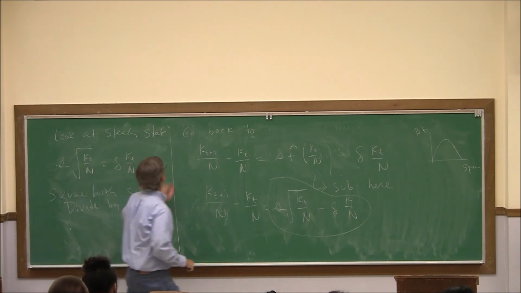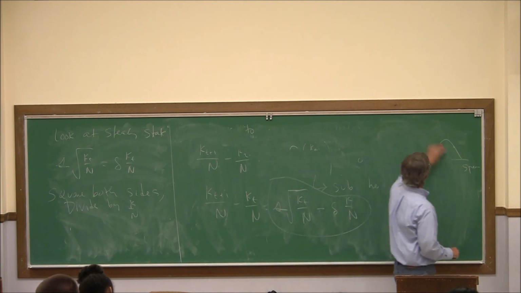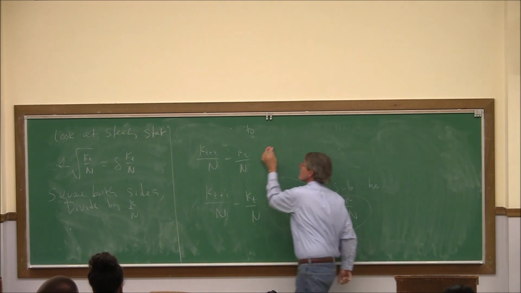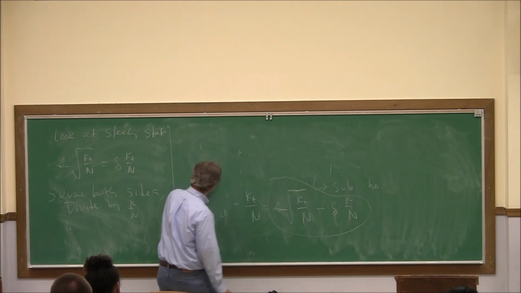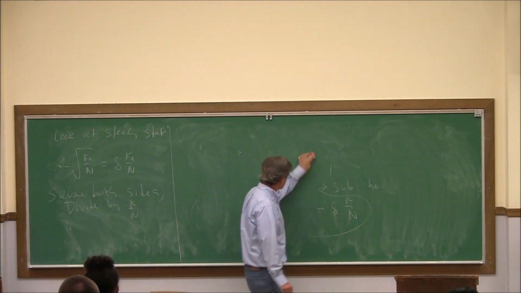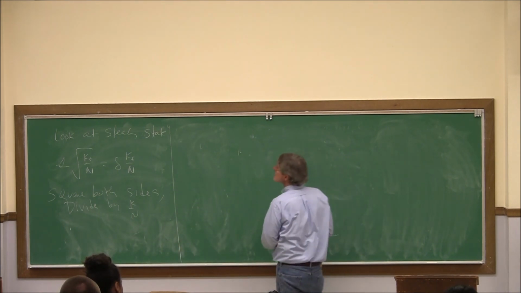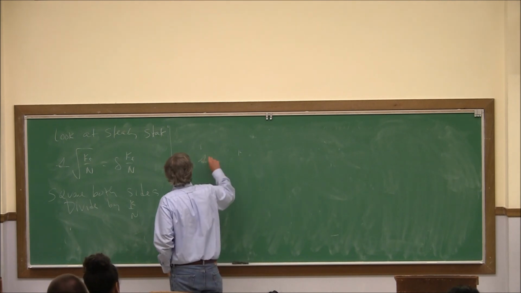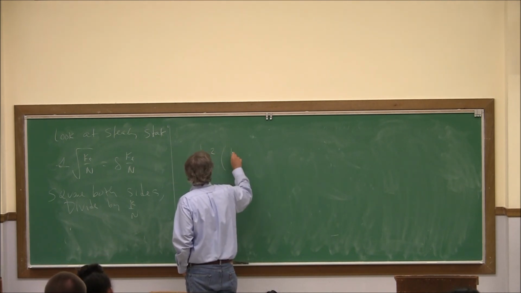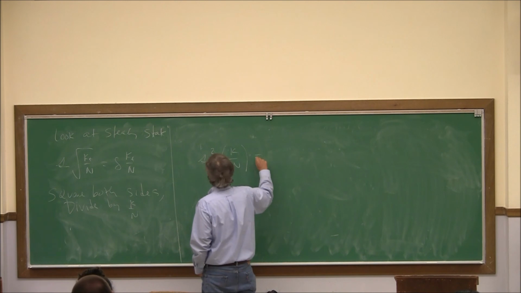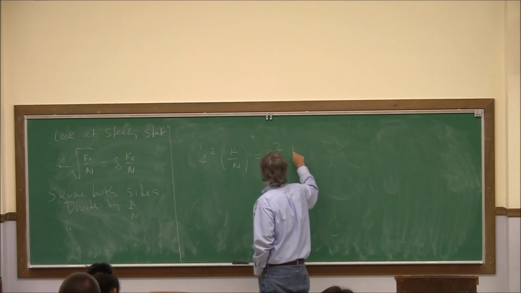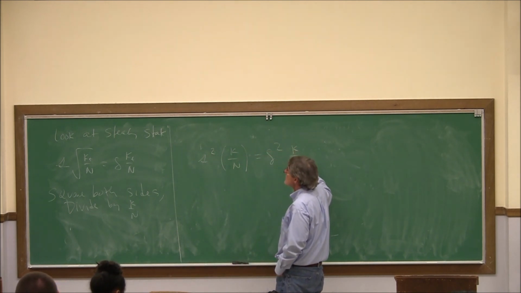Okay, so square both sides, divide. Every bit of this is laid out in the book, too. So you'll get s squared times k over n equals delta squared times (k over n) squared.